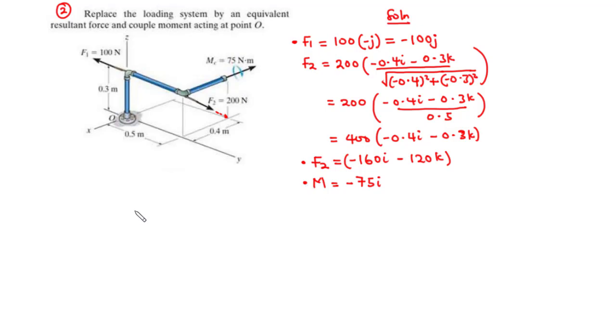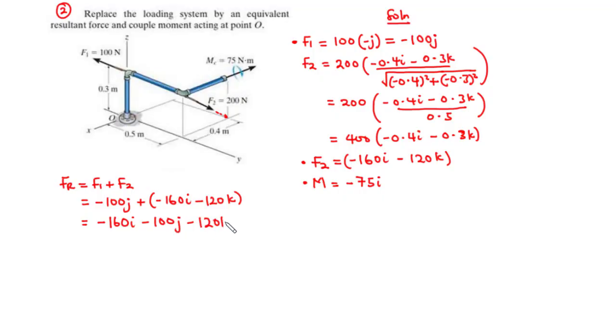Now straight away, we can find the resultant force Fr. So Fr is equal to F1 plus F2, and that is equal to, we have F1 to be negative 100j plus F2, negative 160i minus 120k. Adding these two quantities, you are going to have negative 160i minus 100j minus 120k.